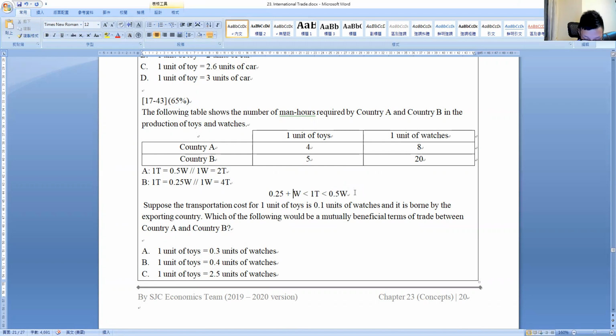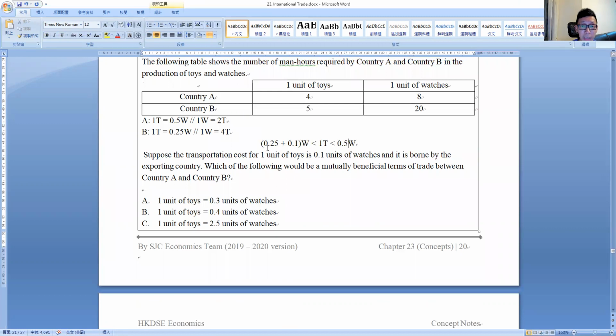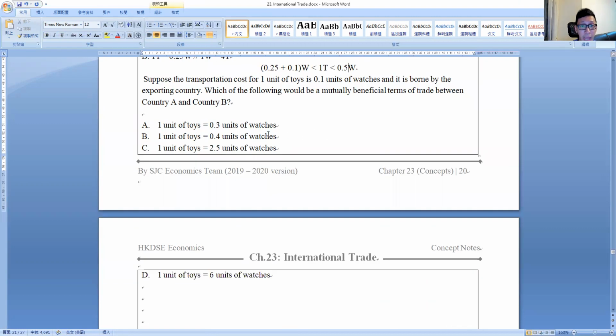We add 0.1. 收窄佢嘛，所以細個 number 要加大，大嗰個 number 要減細。The range would be 0.35 to 0.5 watch, and only one answer lies within, and that will be answer B.